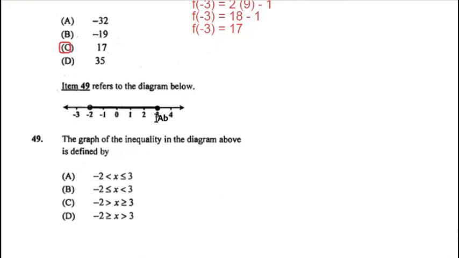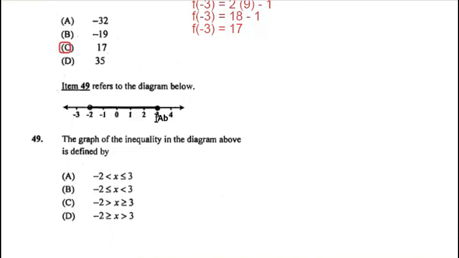So that point must always have a greater than or equal to or a less than or equal to sign. And once the dot is not shaded, it must only be less than or greater than, but not equal to. So there must not be an equal to sign.